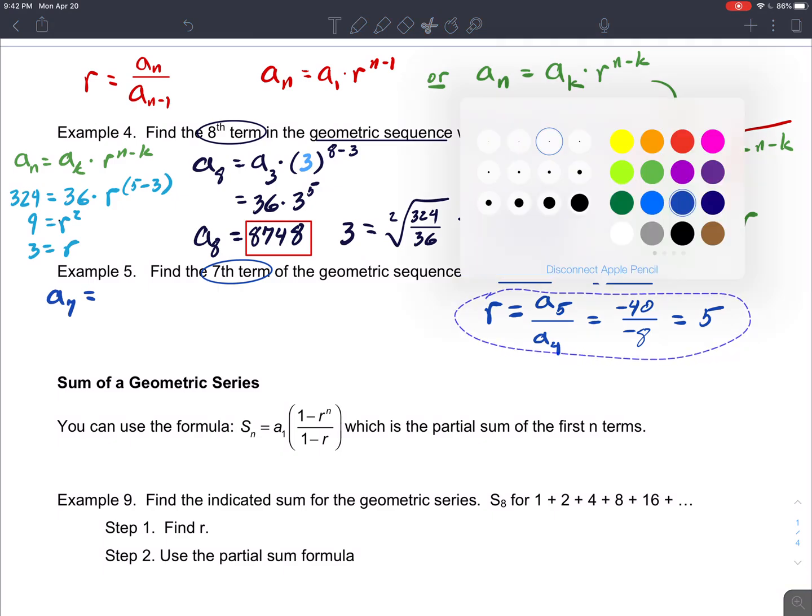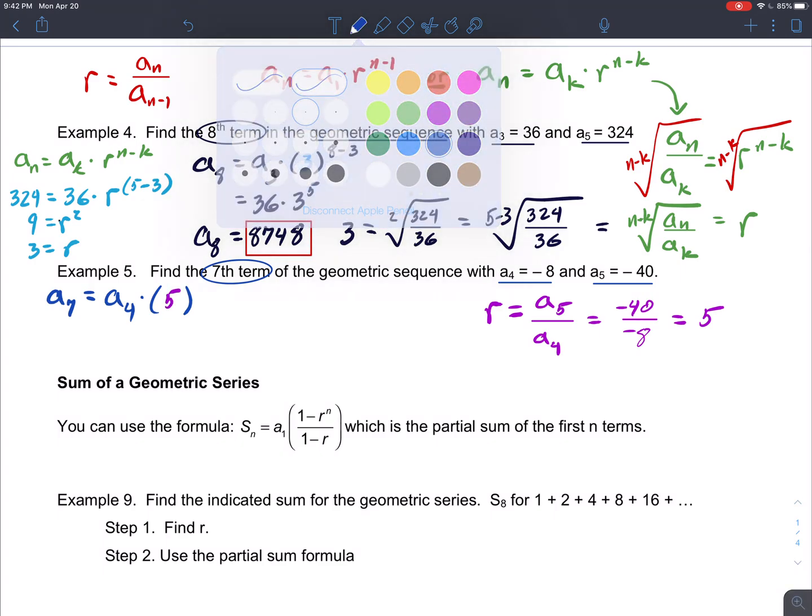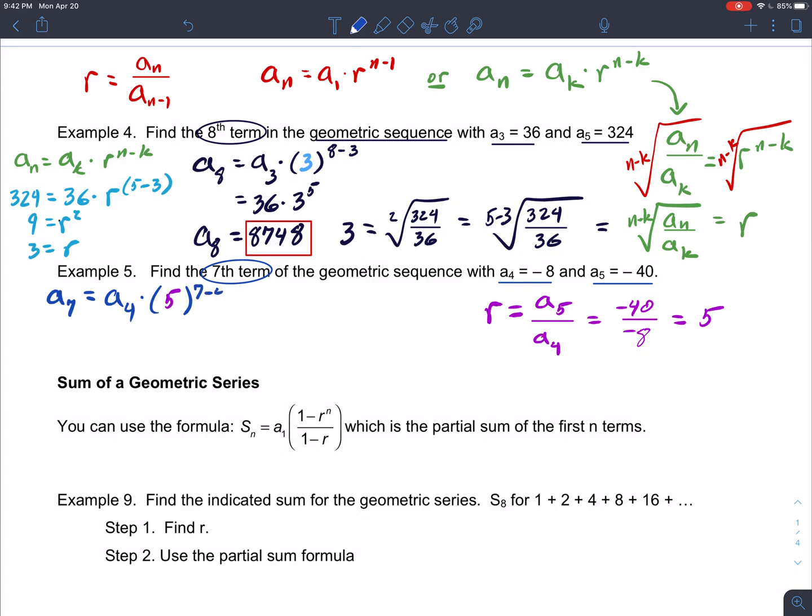Common ratio is 5. All right, so a sub 7 is going to be, we're going to use a sub 4, that's the earlier term we have, a sub 4, times the common ratio r, which is 5, raised to the 7 minus 4 power.